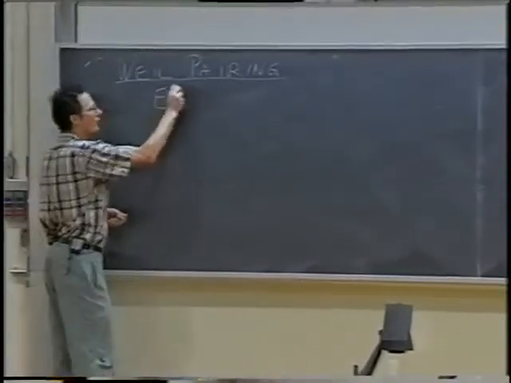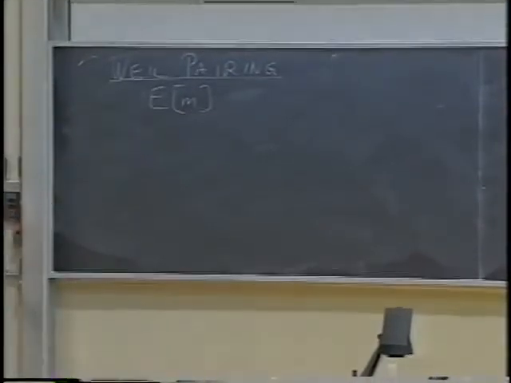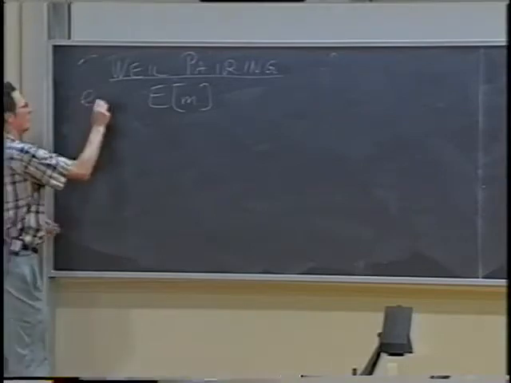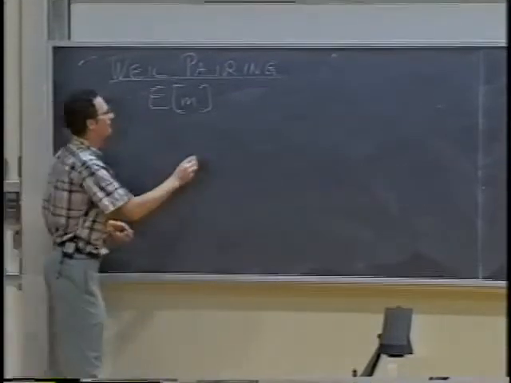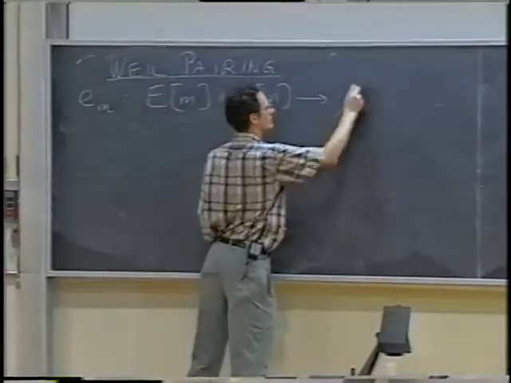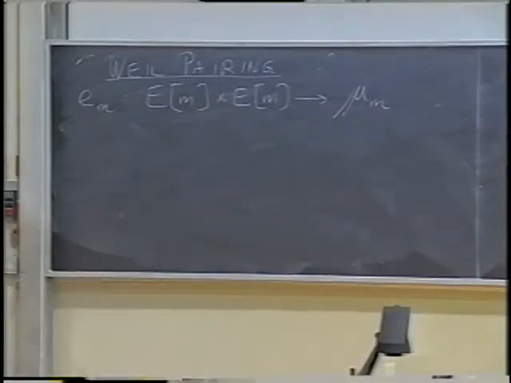The points of order m, the m-torsion subgroup, is a rank 2 Z mod mZ module, and it has a natural pairing on it, usually denoted E sub m, from E[m] cross E[m] to the mth roots of unity, whose definition you can find in the notes, and it's even almost correct there.